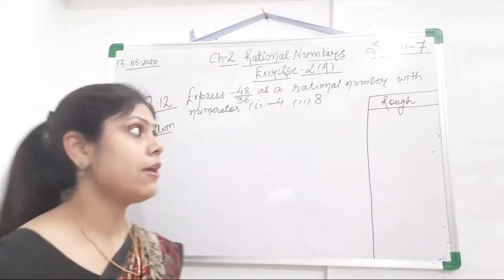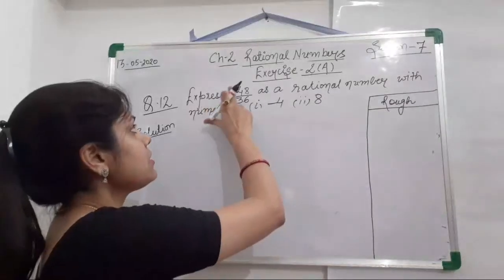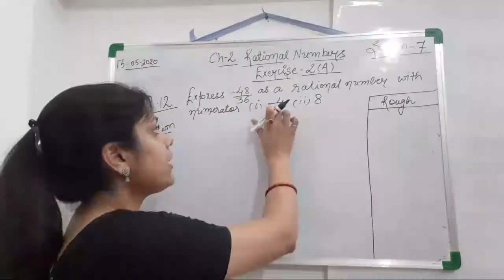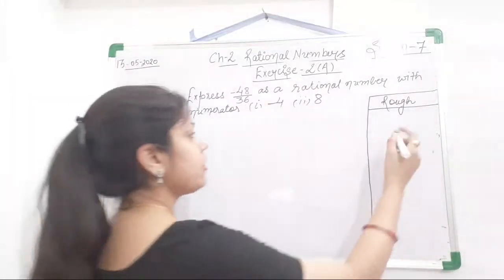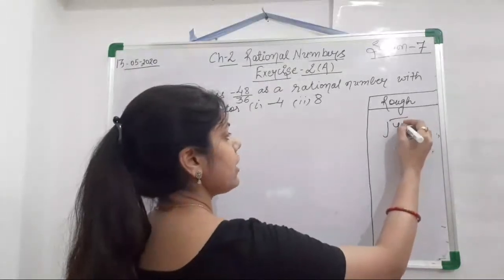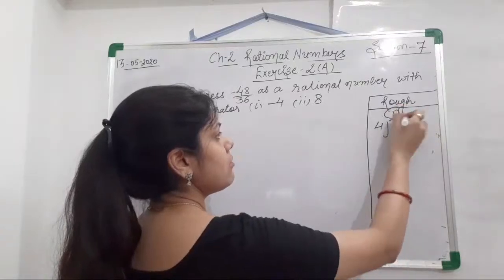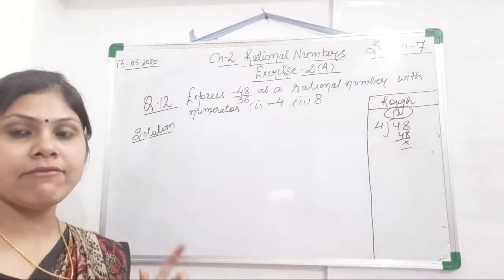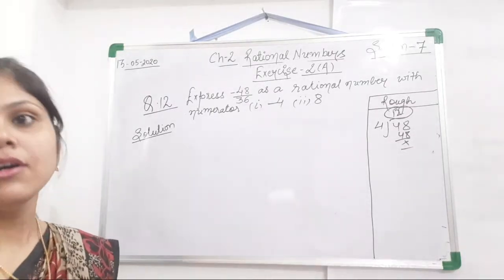If you can't do it directly, you can check in rough: 48 divided by 4 is 12. Whatever quotient comes, that is the number by which we will divide to get minus 4 as numerator.